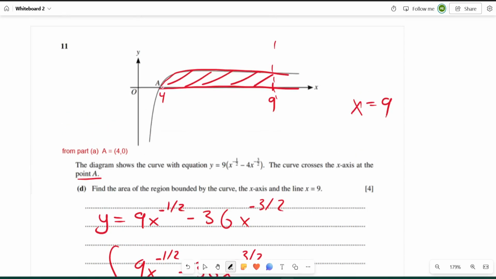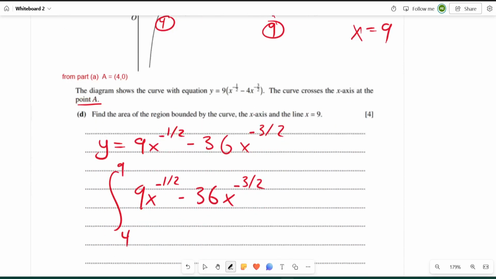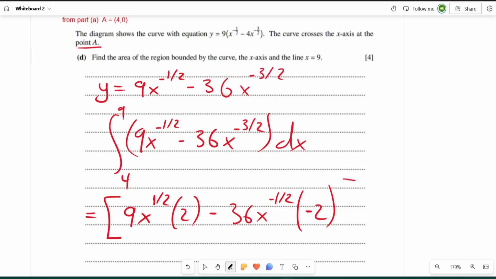If I want this area, I will need to integrate from 4 to 9. This is the only region I'm interested in. So from 4 to 9 and multiply by dx. This is going to equal, let's integrate, so it's going to be 9x power 1 over 2, divide half, same as multiplying 2, minus 36x, negative 3 over 2 plus 1 is minus half, and then divide minus half is the same as multiplying negative 2 over 1, so I'm just going to multiply negative 2, from 4 to 9.